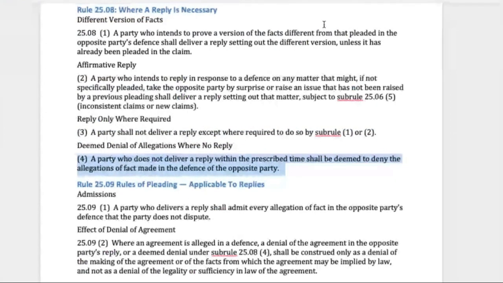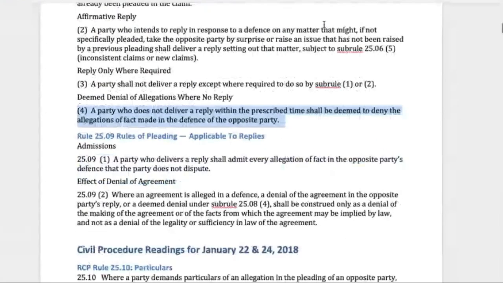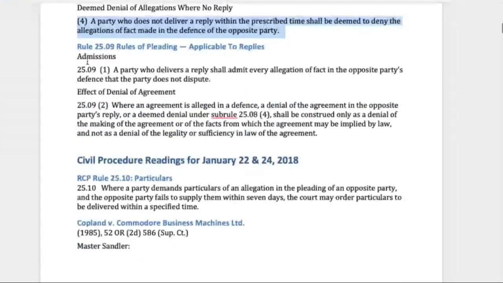Okay. So, a couple more rules here about replies. You're deemed again to admit the allegations that you do not dispute in your reply. So in this sense, the reply is kind of like the plaintiff's defense to the affirmative defense that's in the defendant's statement of defense.